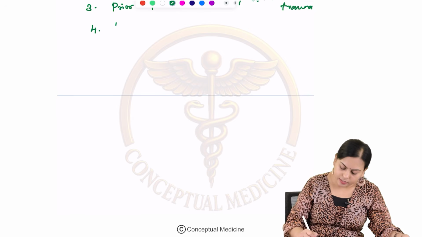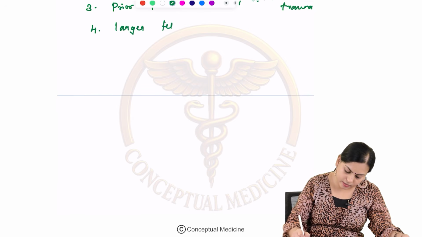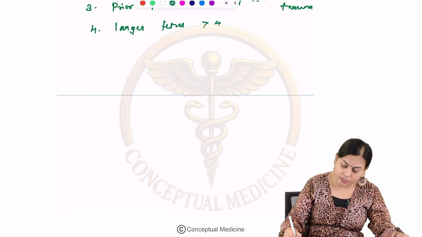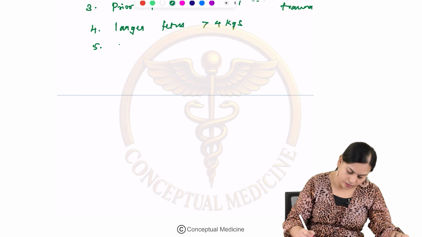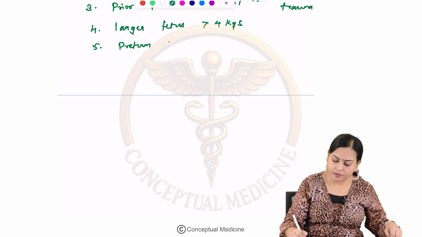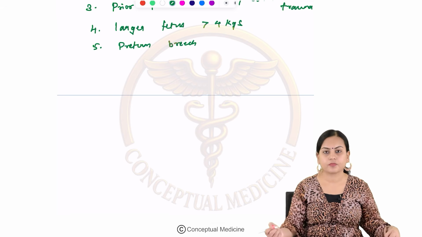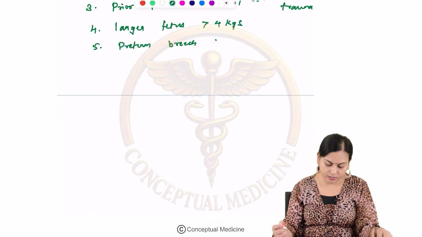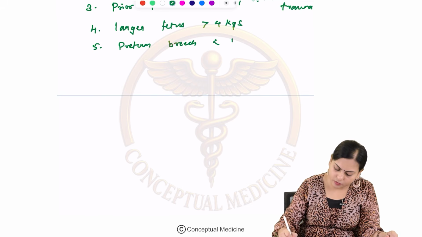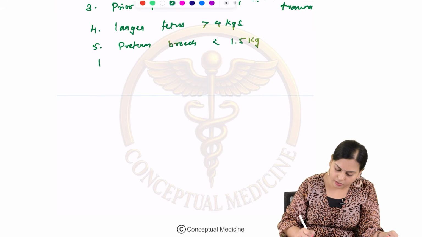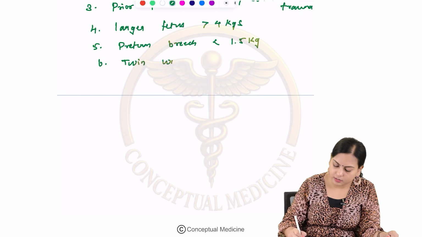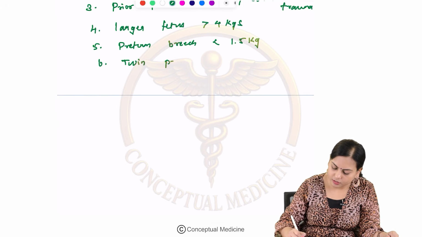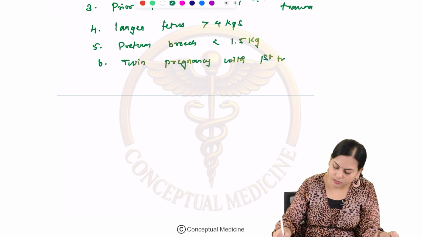Then there is a larger fetus, above 4 kgs, or a preterm breech baby having a weight less than 1.5 kg, then twin pregnancy with the first twin in breech presentation.